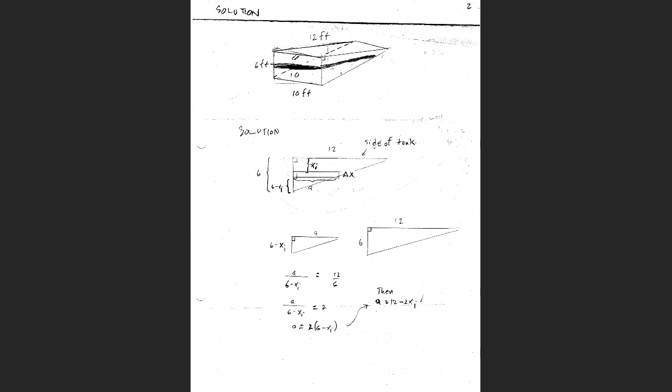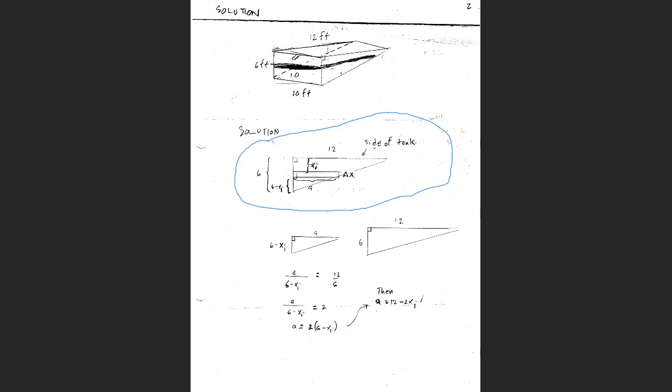What I did is I drew a picture of the side of the tank. Here's a picture of the side of the tank, and I'm going to zoom in a little bit here.